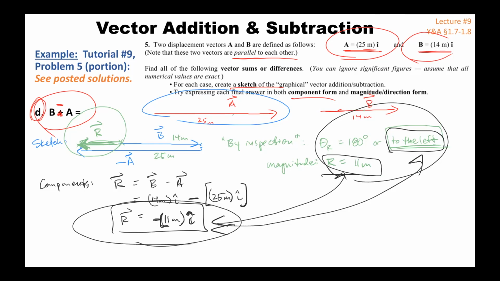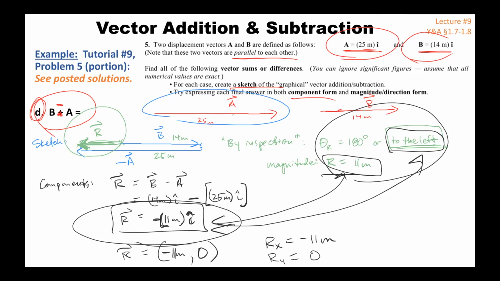If you wanted to write this in ordered pair notation, I would write something like negative 11 meters for the x component and then 0 for the y component. What's the x component of R? It's negative 11 meters. What's the y component of R? It'd be the coefficient multiplied by j hat, which is 0.